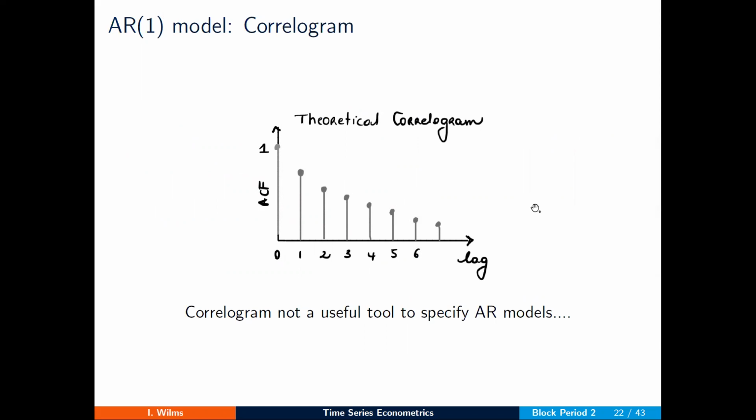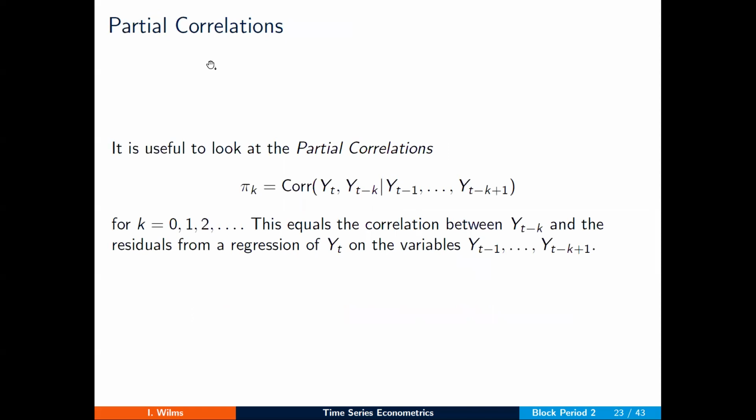This also means that, unfortunately, the correlogram is not a useful tool to specify an appropriate AR model, as we could not distinguish it from a high-order moving average model. So we need to rely on a second tool to specify appropriate AR models, and that is the so-called partial correlogram. Now, the partial correlogram uses partial autocorrelations. And what are these?